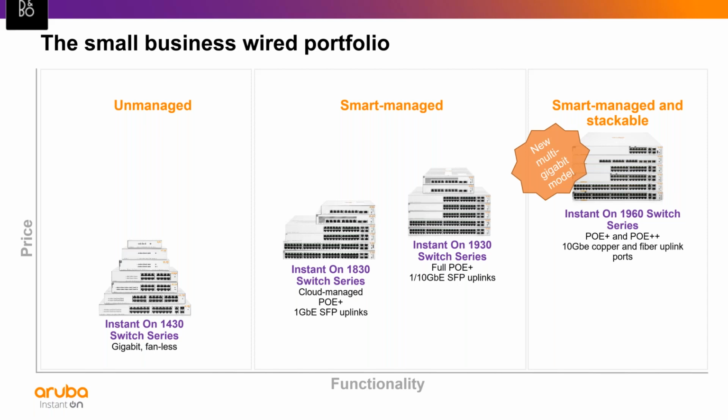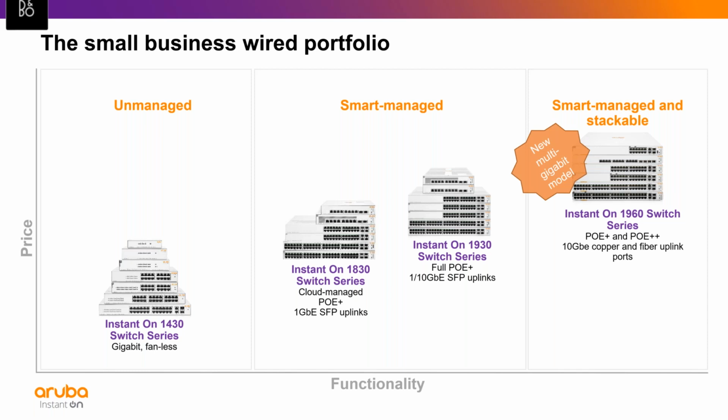As we move on up into the 1930, now we're getting into some more advanced feature set. The 1930 series of products is really the flagship products that we typically lead with when making recommendations to customers after they purchase the access point or along with the access point.